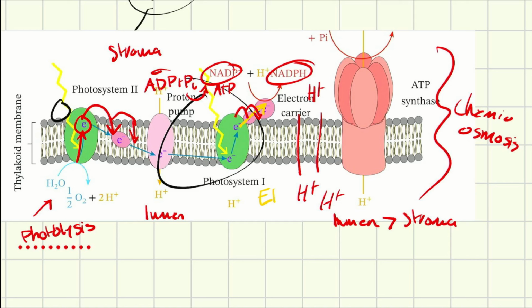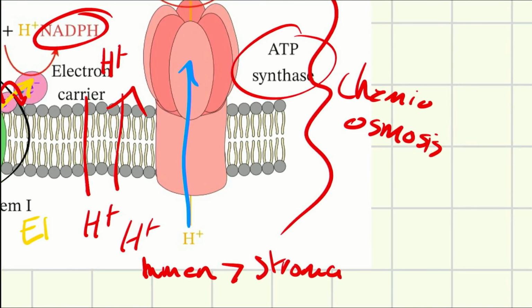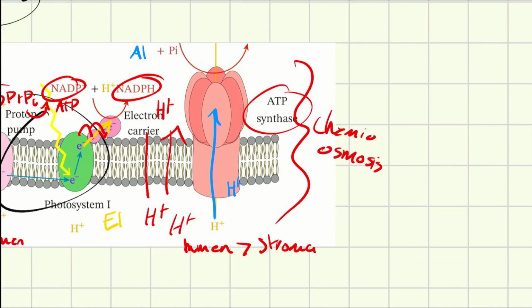However, since these hydrogen ions are actually charged, they can't just, again, go through our phospholipid bilayer normally. So we have to actually have a protein, and we have ATP synthase, which actually allows us to do this. Because again, as hydrogen ions pass through, this also fuels our production of ATP from our adenosine diphosphate.